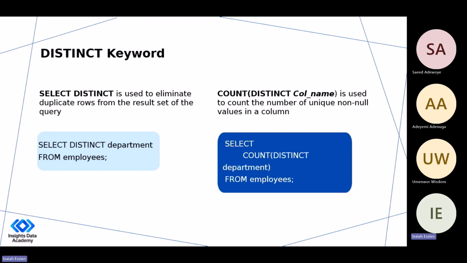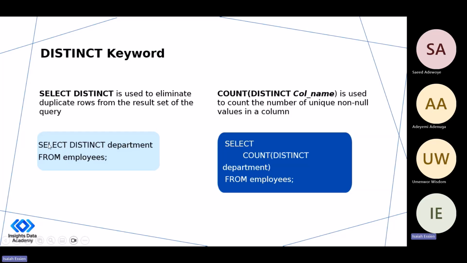When you use distinct with select, the purpose is to eliminate duplicate rows from the results of the query. So you want unique values from the results of the query. That's an example here. We have select distinct department. This is the column name, department, from the employees table.